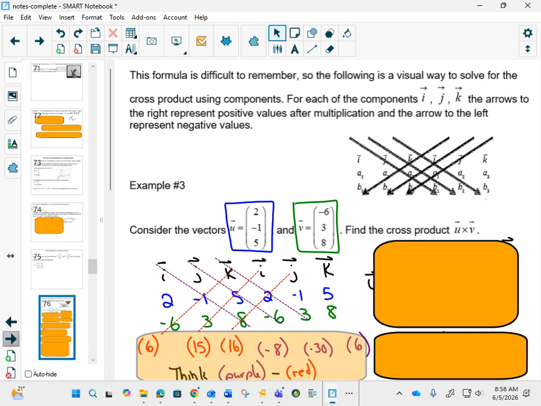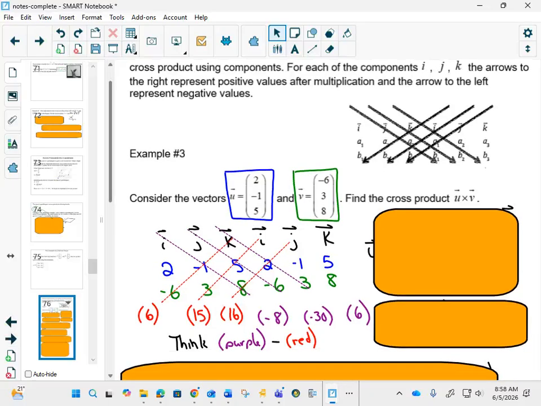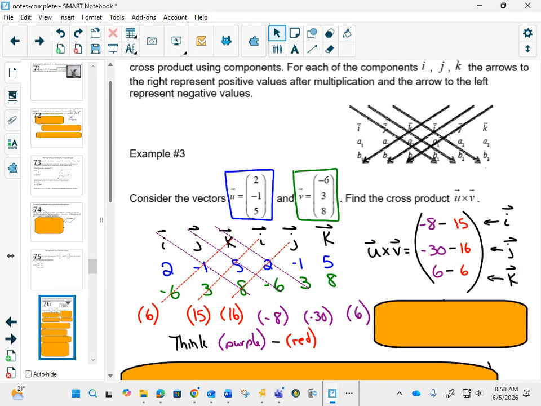We get these numbers. The negative numbers are going to be 6, 15, and 6 when I multiply them. The positive numbers in purple are -8, -30, and 6. And just like matrices again, you do the purple numbers minus the red numbers in the end. Okay?